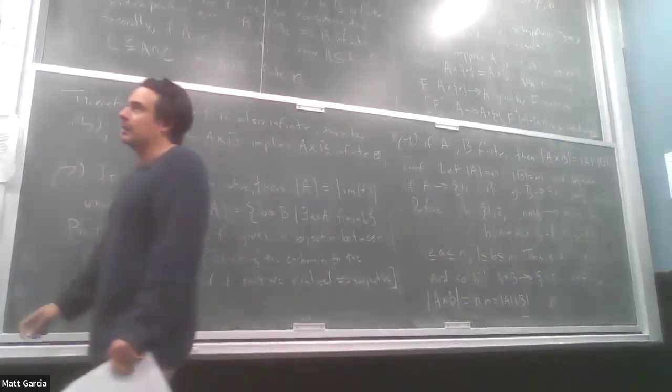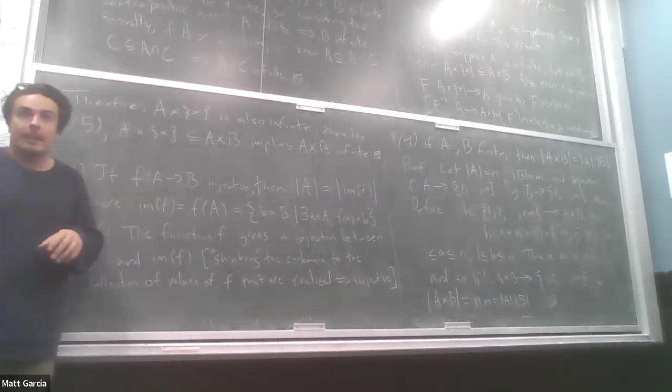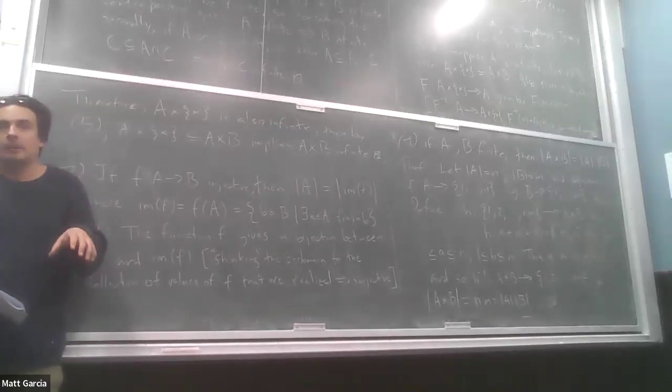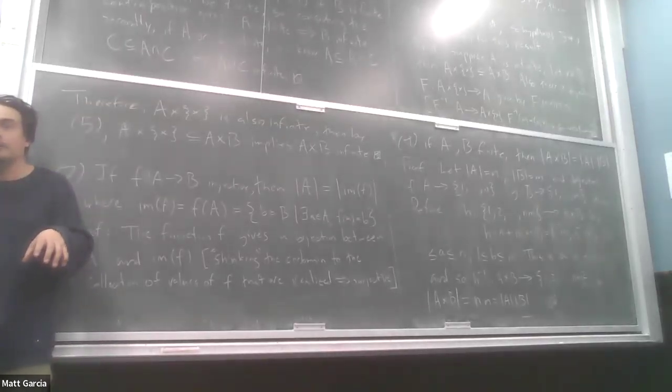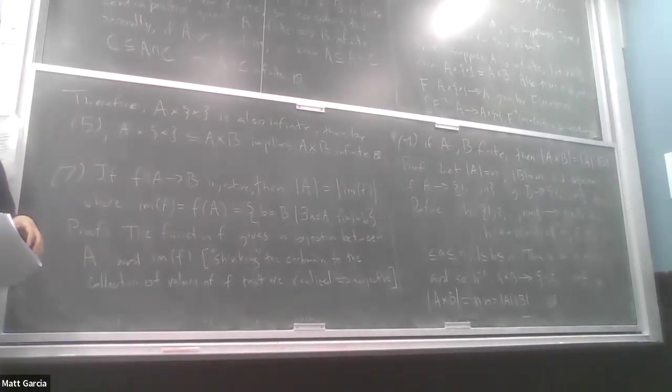Think about what I'm saying here for a second. If I start with F being injective, then if I shrink the codomain down to just the set of values that are actually realized as values of F, I'm not going to stop being injective, right? But by making the codomain smaller, I'm cutting out all the elements of B that are not hit by F.